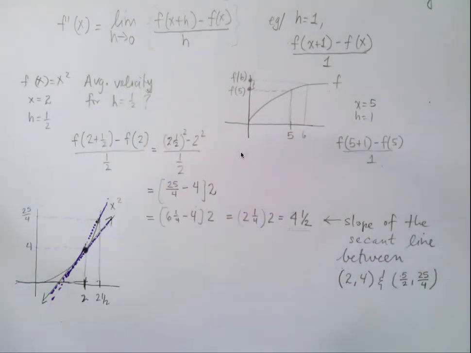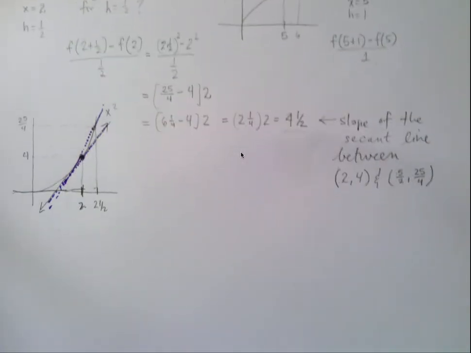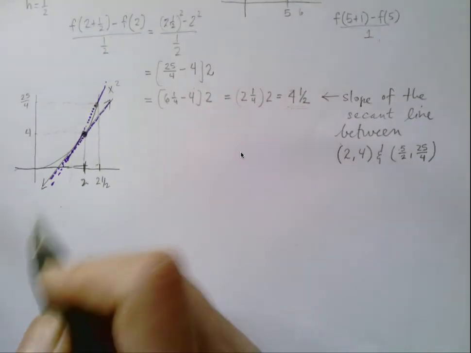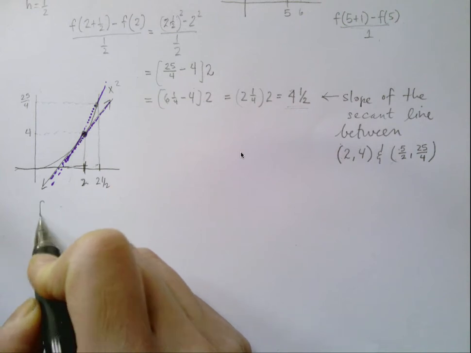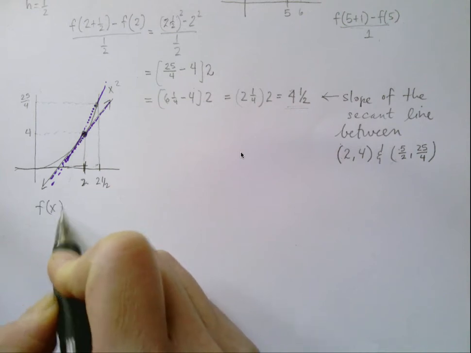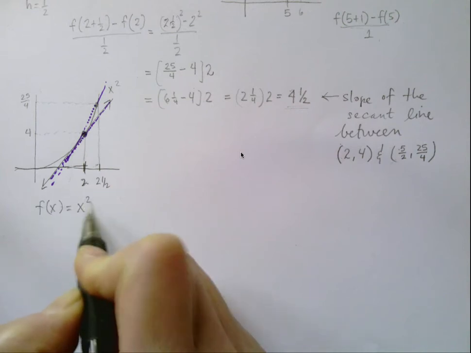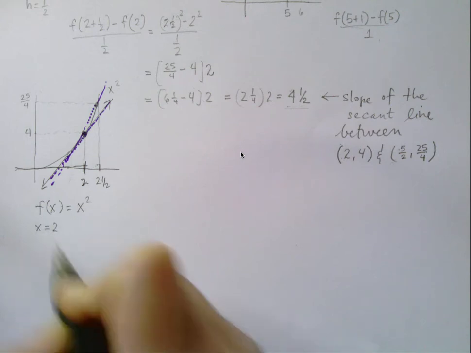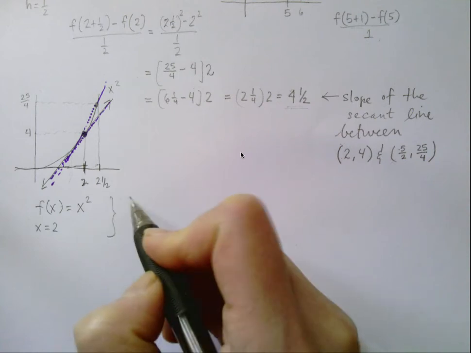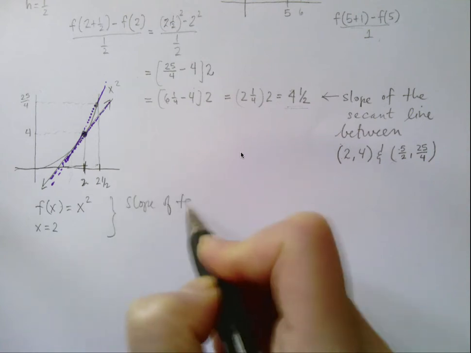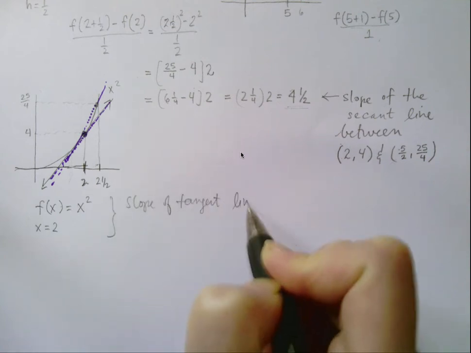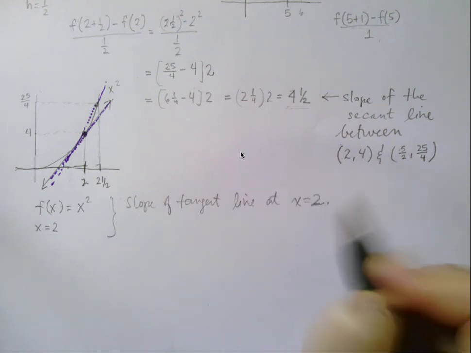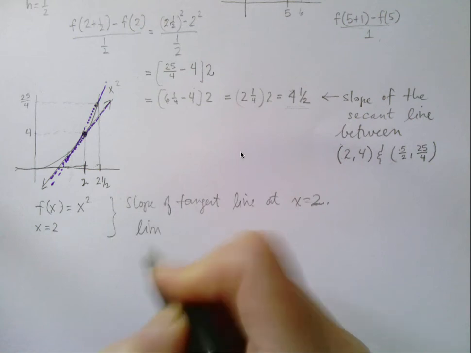This limit. So let's do it. We're going to use the same numbers and the same function. Again, we have f of x equals x squared, and we're interested at the tangent line at x equals 2. What's the slope of the tangent line? Now we take the limit.